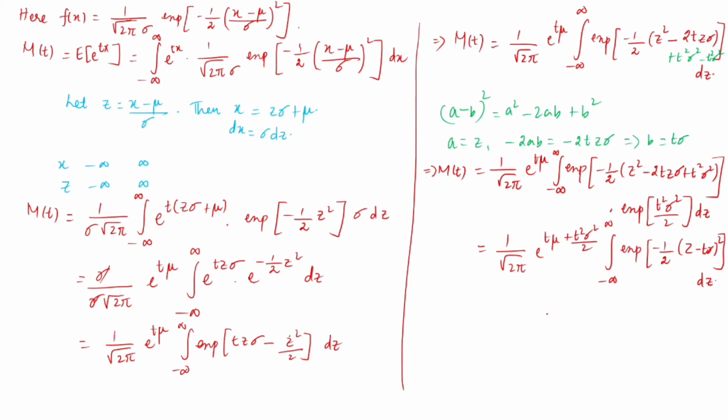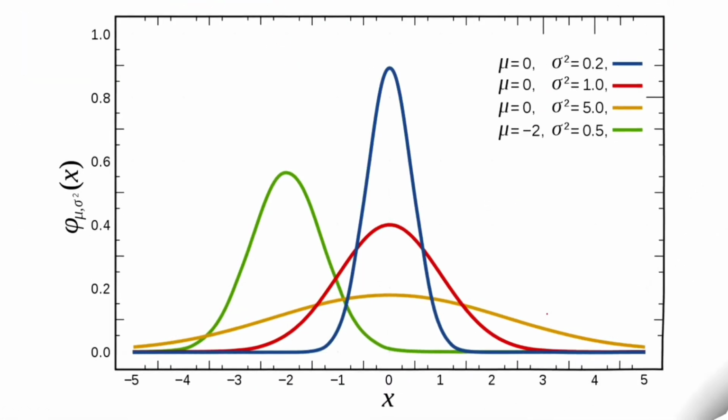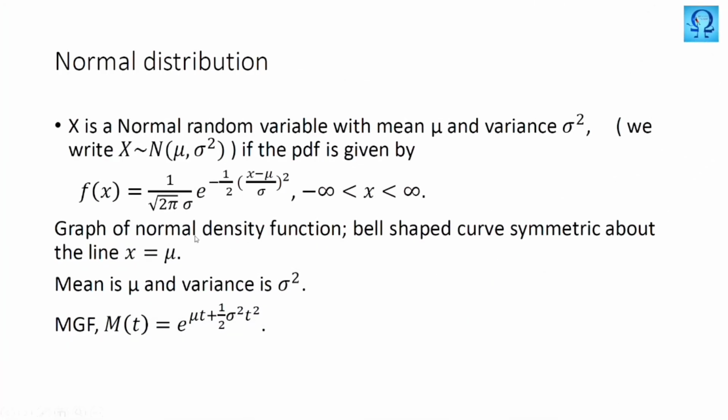Now we are going to make some observation. Coming back to the density of this one. Now here what we are going to do is that if we have to say x is a normal random variable with mean mu and sigma square, then it should have this density function, or if it is having this density function, then we can say x is a normal random variable.